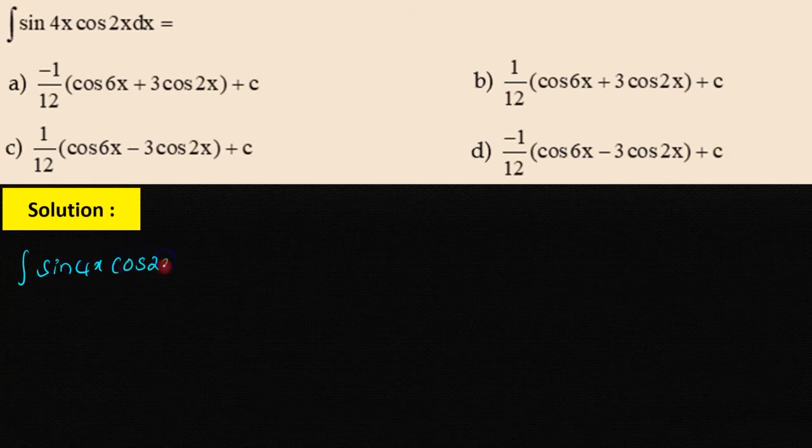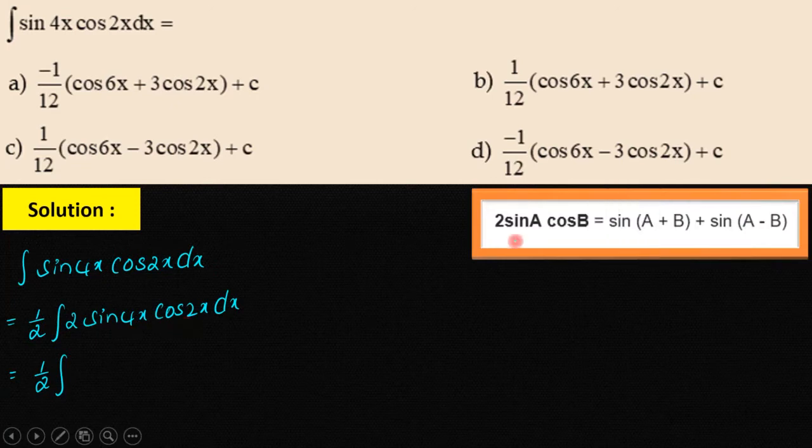into cos 2x dx is equals to, here multiplying and dividing with 2, we get 1 by 2 into integral 2 into sin 4x into cos 2x into dx is equals to 1 by 2 into integral. Now it is in the form of 2 sin a into cos b.